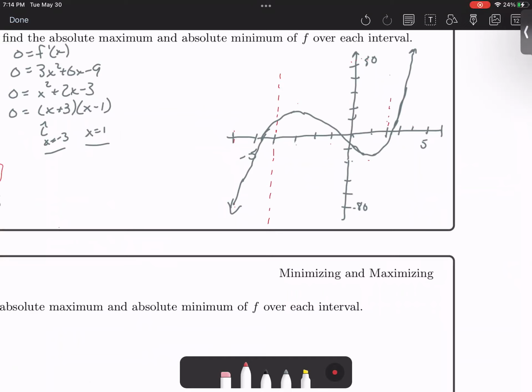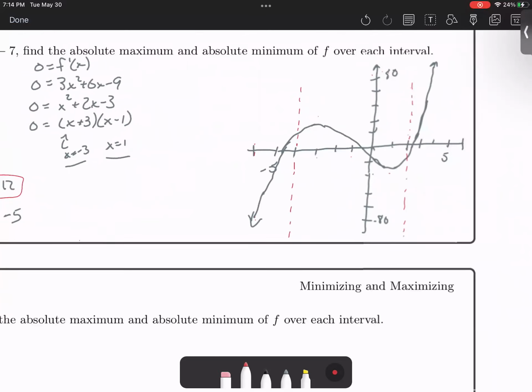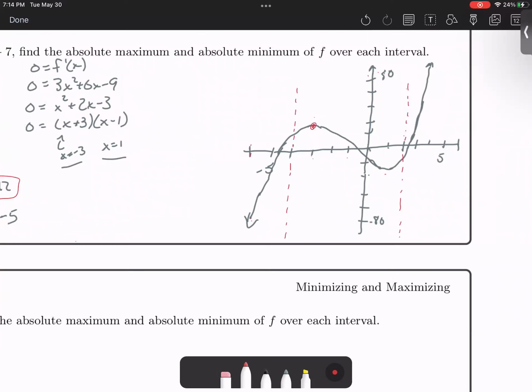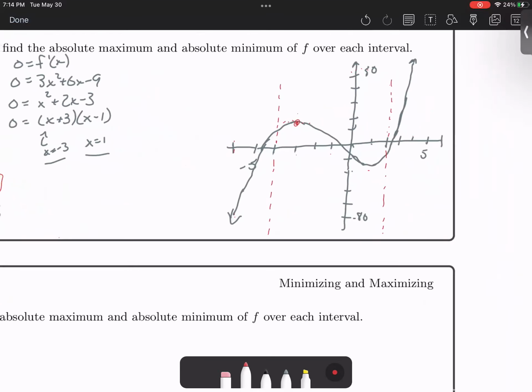Here's x is equal to 2. Now, what's the maximum and minimum of the function on this interval? Apparently, the maximum was 20 at -3. Oh, it's that hilltop. And the minimum was -12 at 1. Oh yeah, it's that valley.